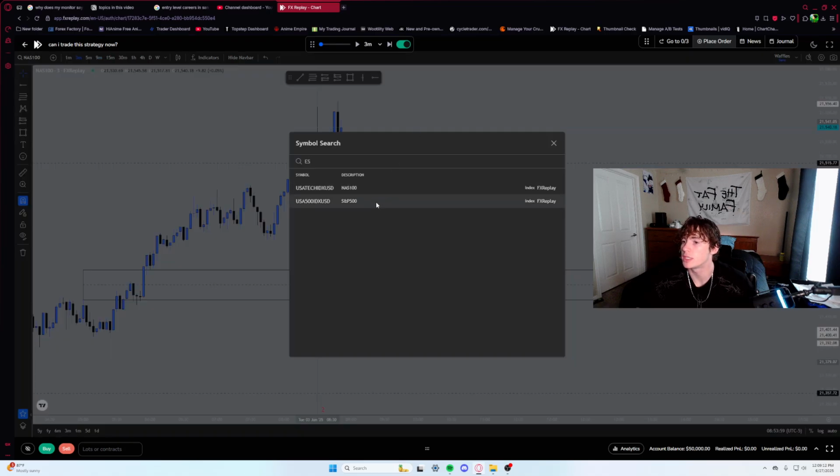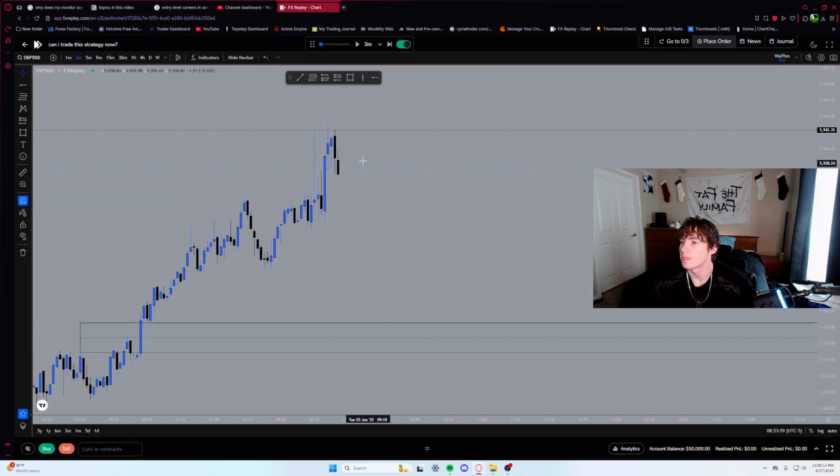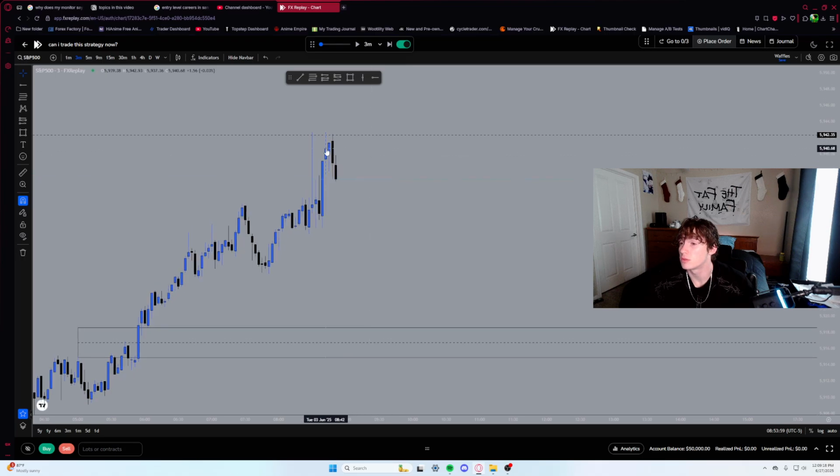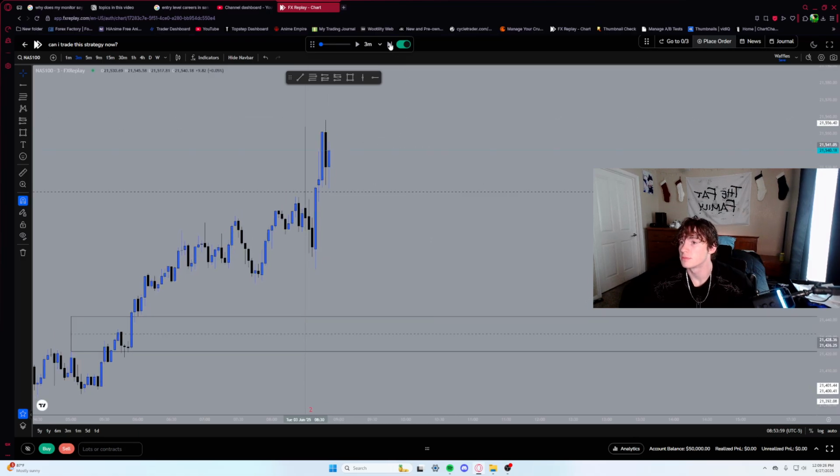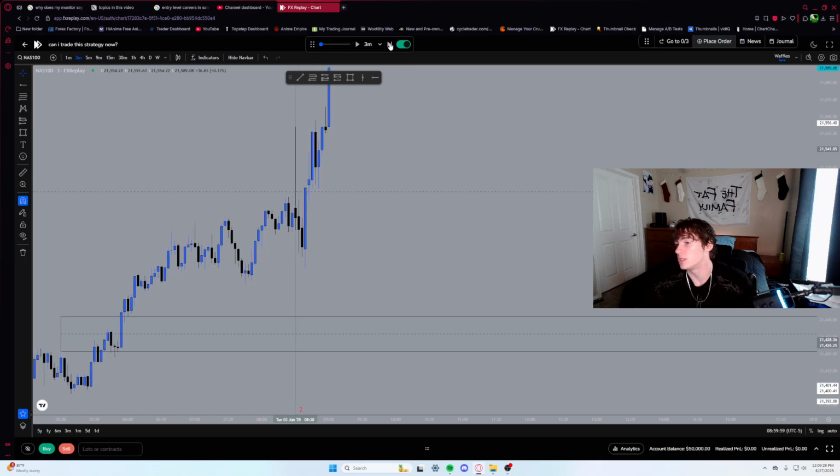Cool. Swing point, ES. That's weird. Still swept the highs with a different candle. This one. I can assume we'll keep going up.